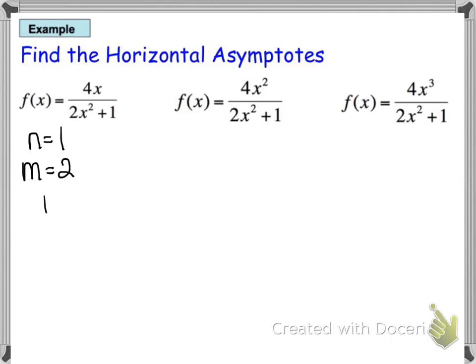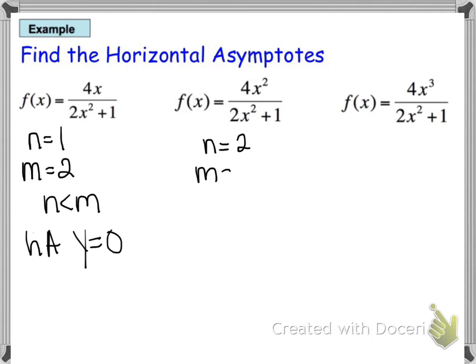So since n is less than m, I get a horizontal asymptote at y equals 0, or the x-axis. In this second example, I have n equaling 2 and m also equaling 2.